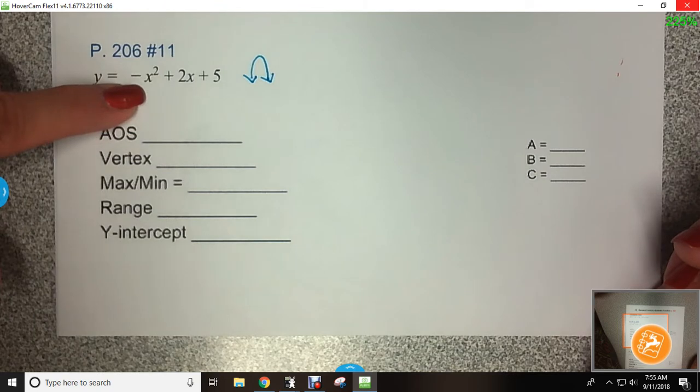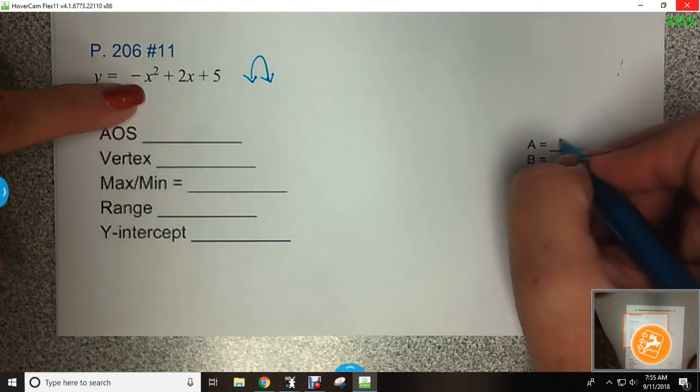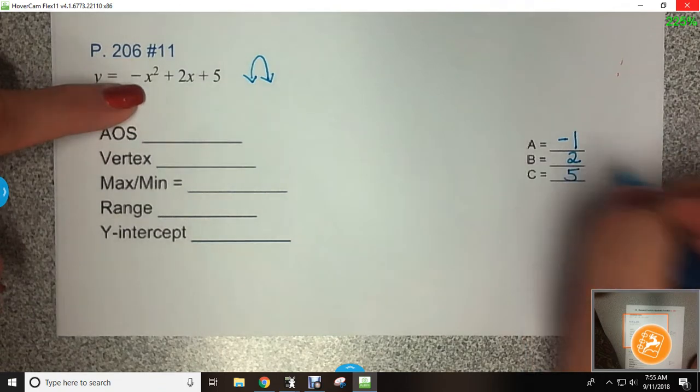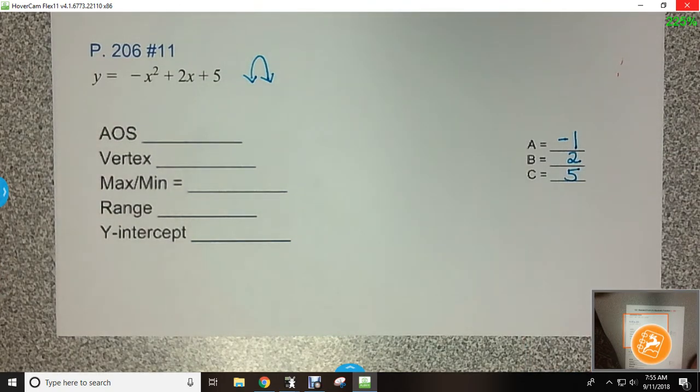My a value, that's what's in front of x squared. It is a negative 1, b is 2, and c is 5. So now, pause the video, see if you can figure the rest of this out. Once you have finished, then hit play again and check yours with mine and see how you did.